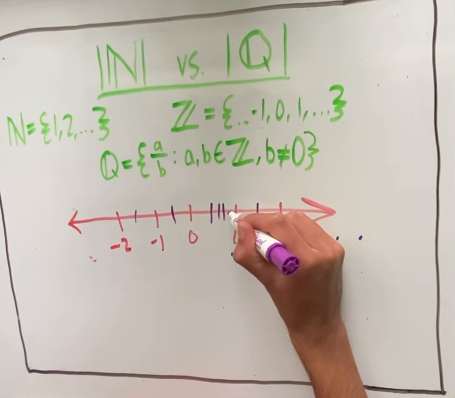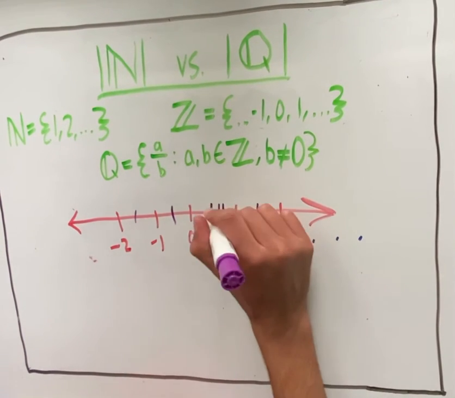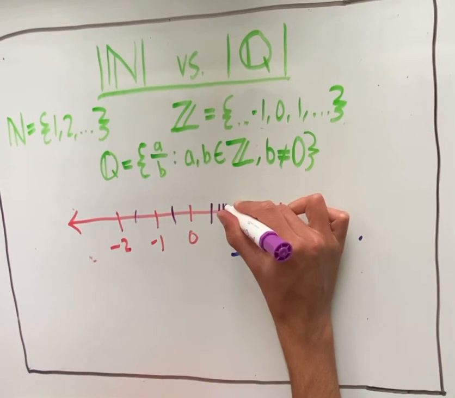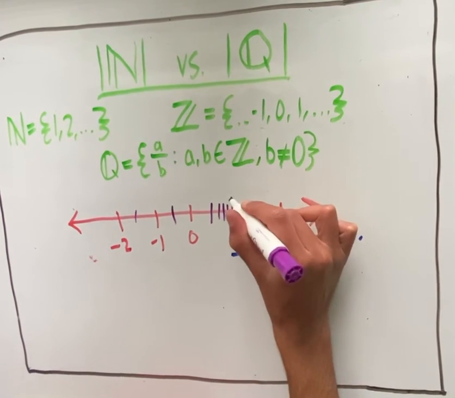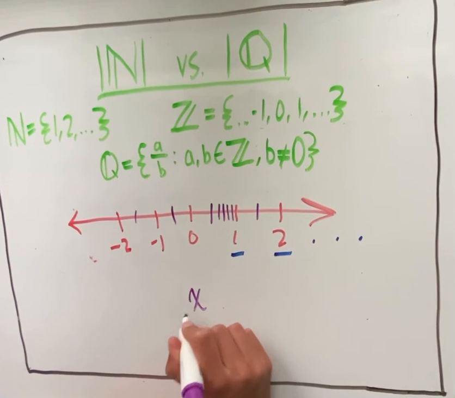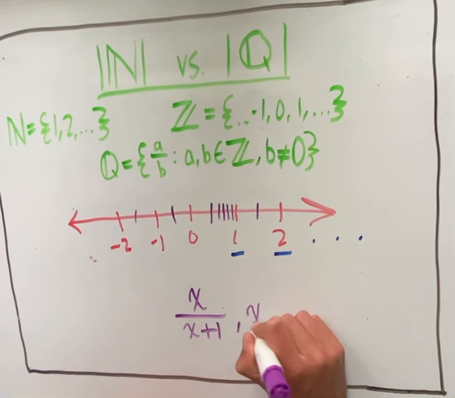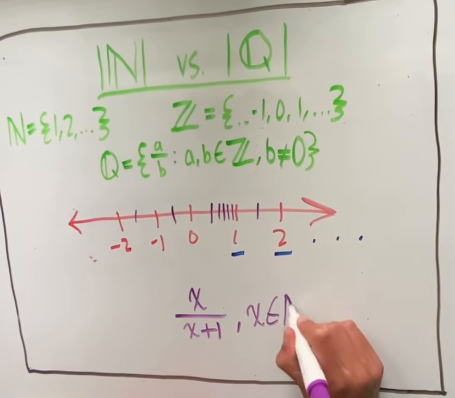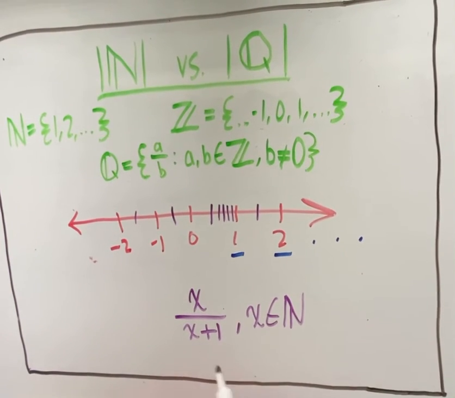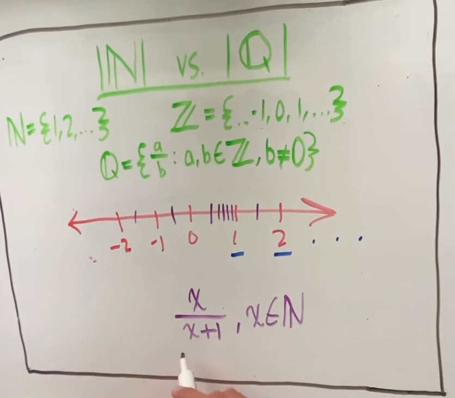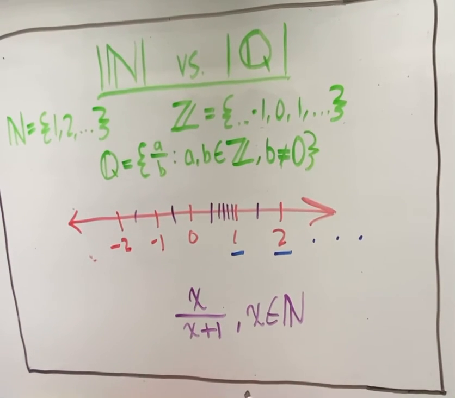1, but not quite 1. So we have 1/2, 2/3, 3/4. You can get closer by doing 4/5, 5/6, and so on. And what I'm doing here is numbers of the form x divided by x plus 1, where x is a natural number. So if you choose a very large x, suppose 1,000, then the denominator is still bigger. 1,000 plus 1 is 1,001.